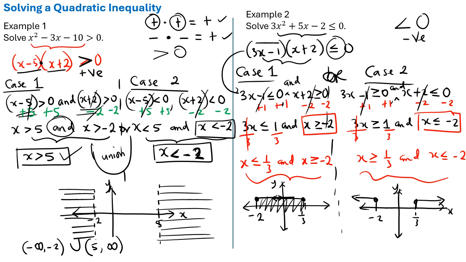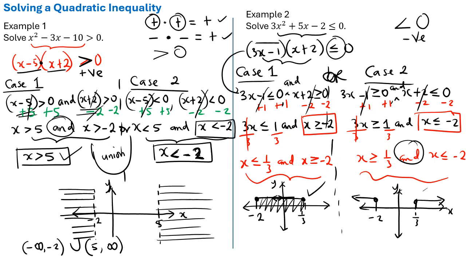You can see that they do not combine, and you have "and" in between them. There's no way you can combine a situation like this one. It would be a contradiction to say x is greater than 1/3 and it is less than -2. How can the same number be greater than 1/3 and be less than -2? But we can say that a number is not up to 1/3, but it is more than -2, which makes sense here.